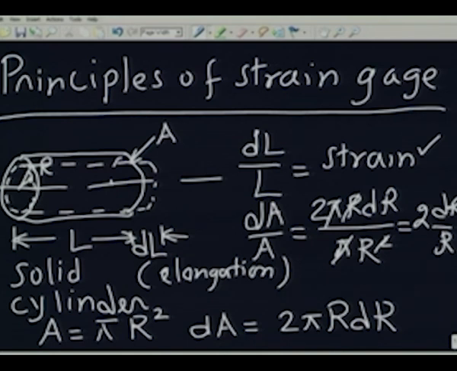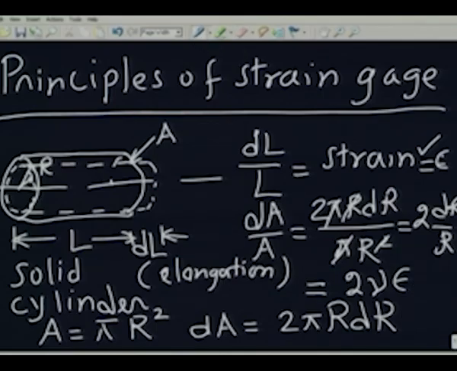The lateral strain is dr by r, and the area strain is simply twice the lateral strain, and we know that dr by r is equal to Poisson ratio times dl by L, and therefore, I can write this as 2 times nu times epsilon. Epsilon is the longitudinal strain, I will avoid using the subscript, it is not necessary. So, I will just say epsilon.